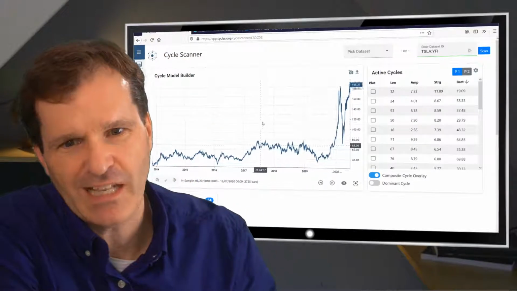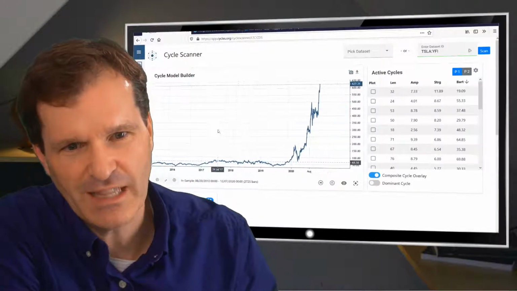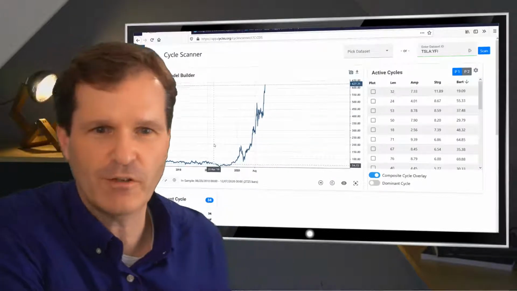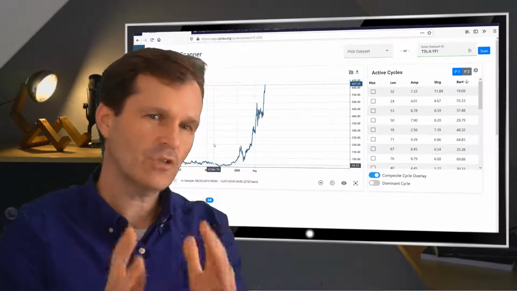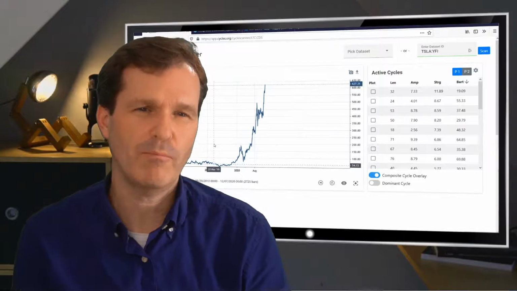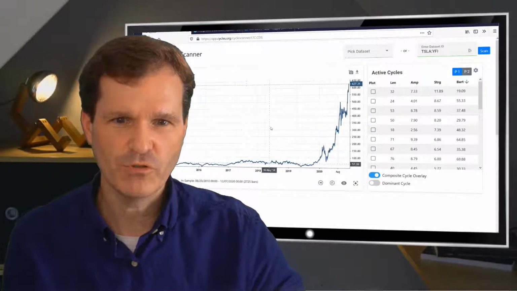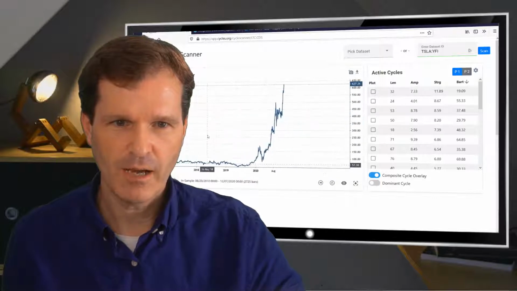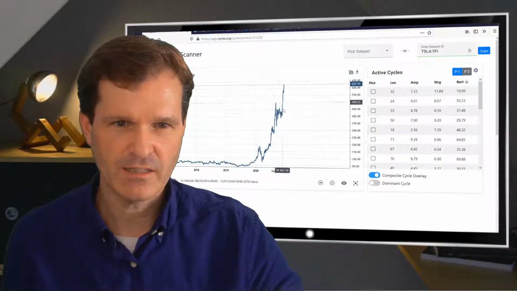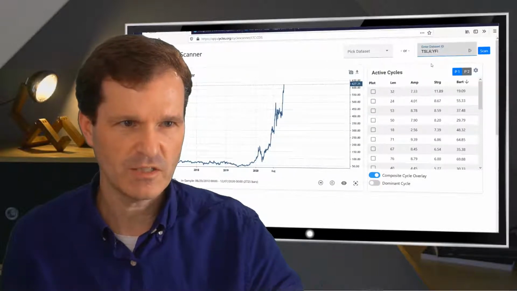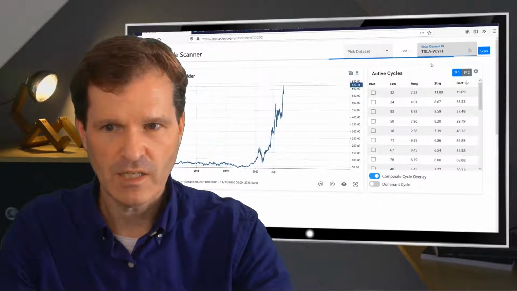I'm not sure, to be honest, if cycle analysis is able to pull up reliable cycles if you see this kind of raw data on a short time period. I think we need to move to a higher time frame here if we want to analyze these cycles. So I would suggest maybe moving to a weekly time frame on the Tesla stock.